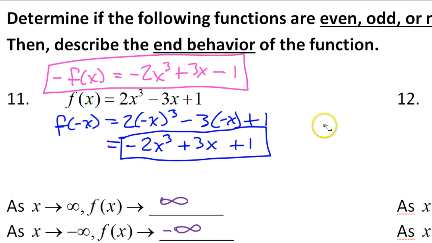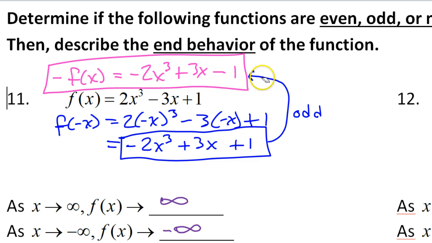If the blue function matches the opposite function, this pink one, if those match, then it will be odd. So negative 2x to the third power, negative 2x to the third power. Positive 3x, positive 3x. Looking good. But then, negative 1, positive 1. So close, but they don't actually match.